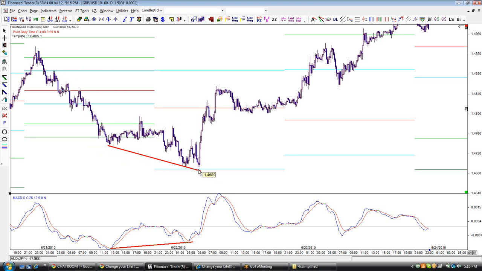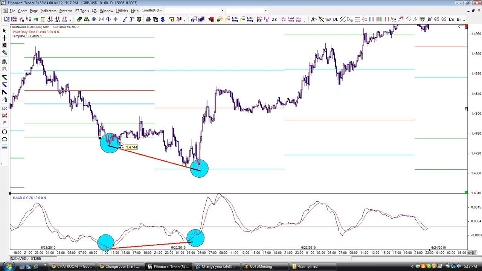If price is making lower lows, and at this same time period between this low and this low, the MACD is making higher lows here and here, this is MACD divergence.